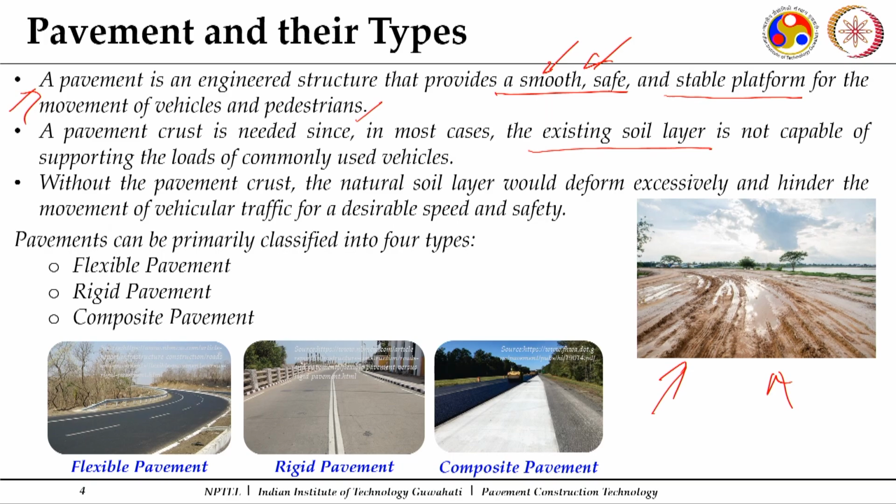The most commonly used is the flexible pavement structure. Then we have the rigid pavement structure, and then a combination of the two is sometimes used, not very commonly, where some characteristics of flexible and rigid pavements are combined to meet specific requirements; these are composite pavements.